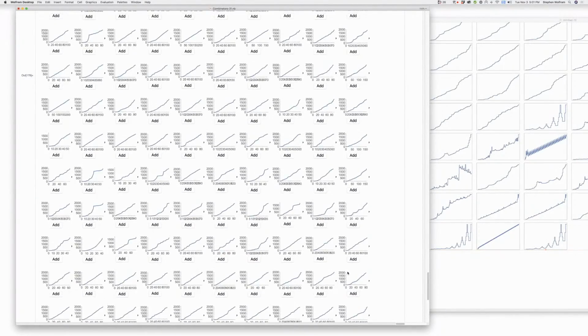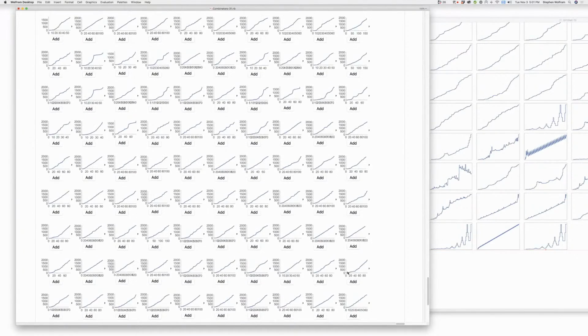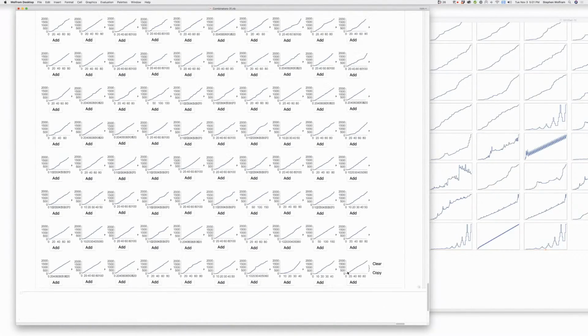Story of my life is basically the zoology of looking through tables like this over and over and over again. Okay, that one is different. That one is different. Hard to believe it's the only one like that. All the others seem roughly linear. Let's take a look at that one.